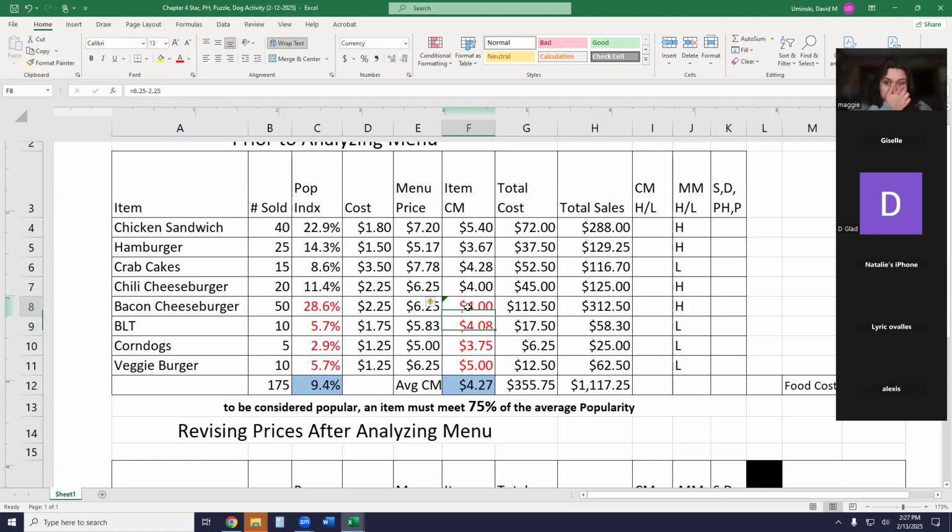Or equals, click on the 6.25, minus, click on the 2.25. You'll notice it's not putting in numbers, it's putting in the coordinates of where the cells are, E8 and D8. So when I hit enter, it calculates it.